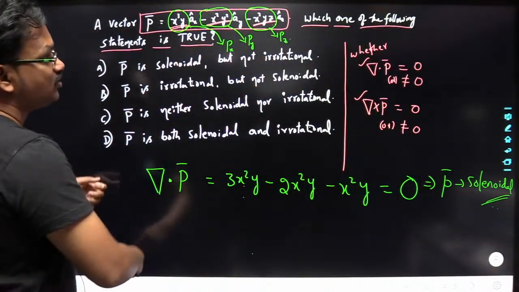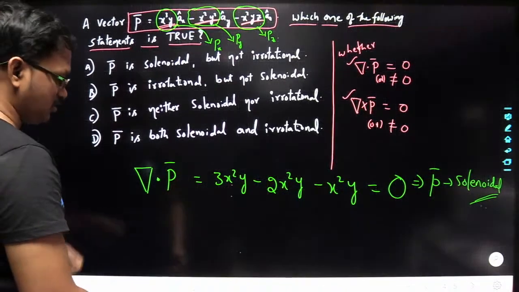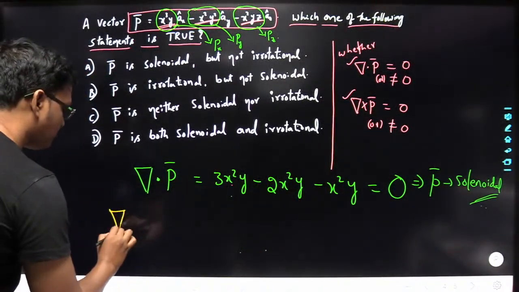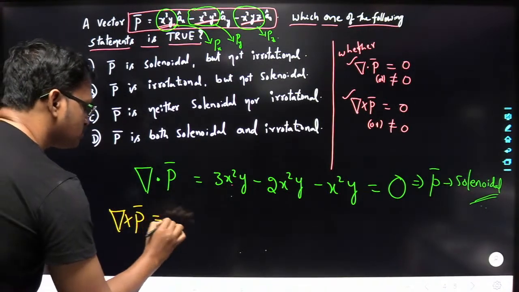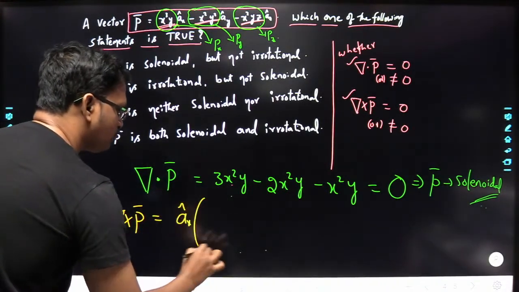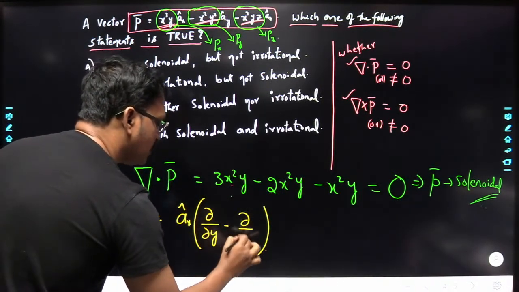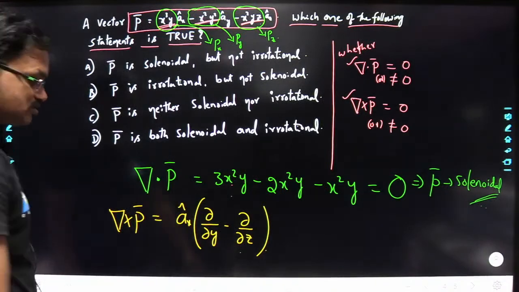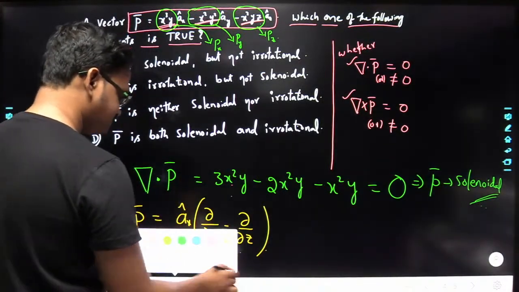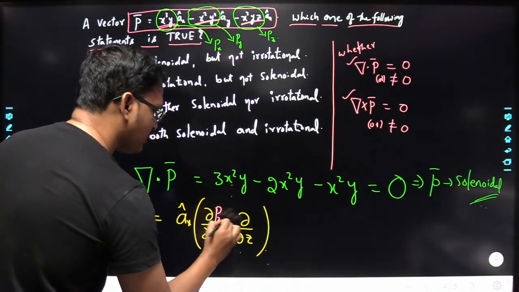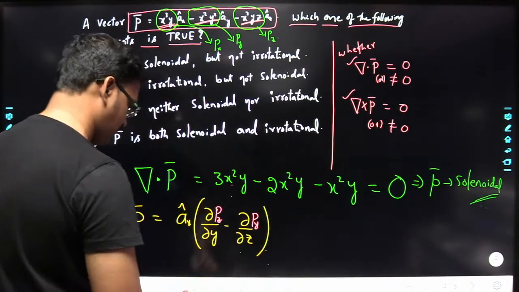Okay, next you have to determine curl of P bar here. So I have told how to expand this curl of P bar. Yes or no? Okay, so this is equal to ax cap, you have to practice this one here, dou by dou y minus dou by dou z. Now here you have to differentiate the z component, and here you have to differentiate the y component.